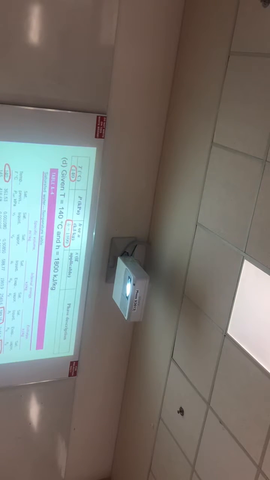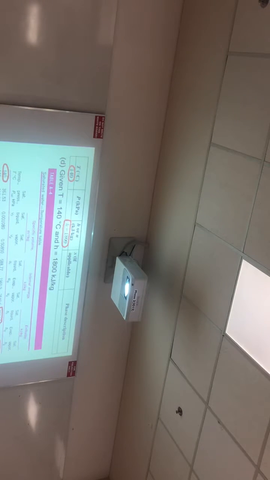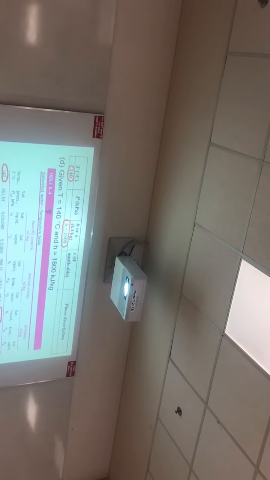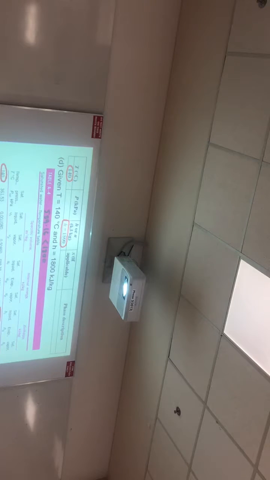What I can see? I can see 1800 is found between. Can I write this one? What is HF? 589.16. This one is smaller than 1800. Alright.